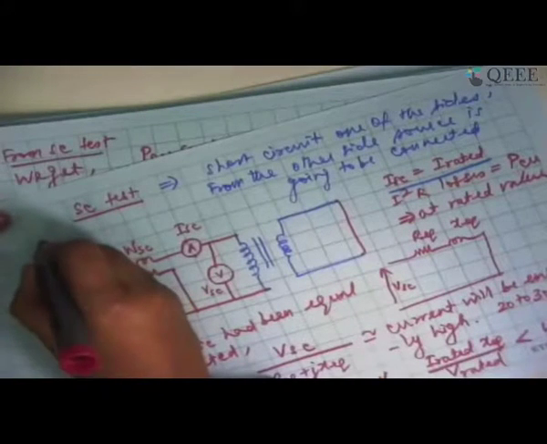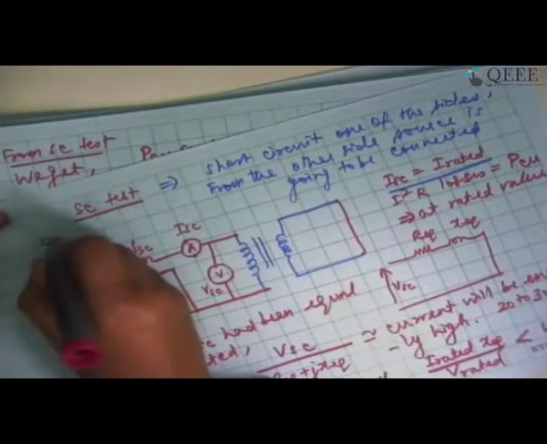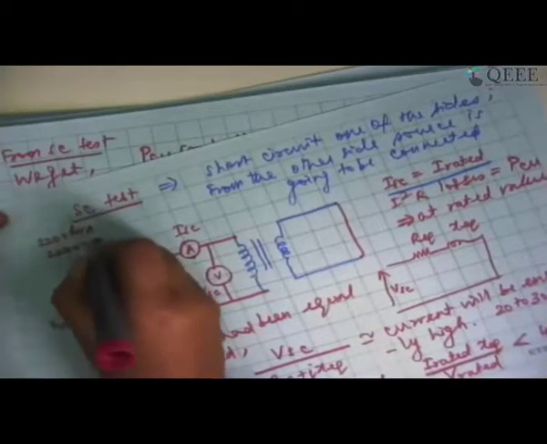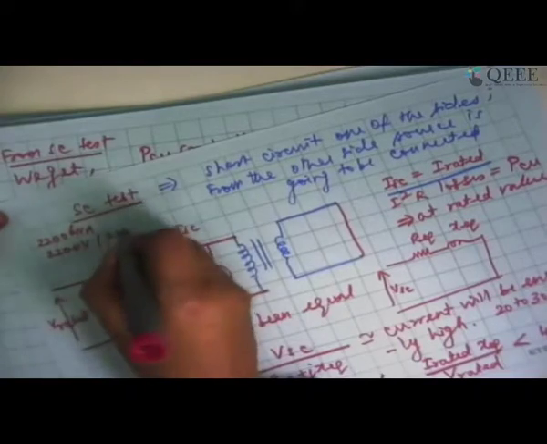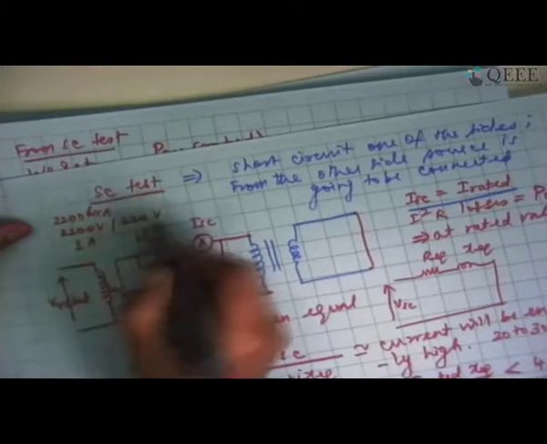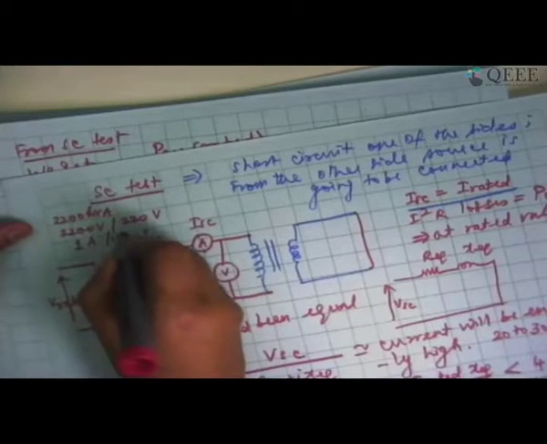Let us again look at a transformer of, say, 2200 kVA, 2200 volts divided by 220 volts. Under this condition, this side rated current is 1 ampere, whereas this side rated current is 10 ampere.